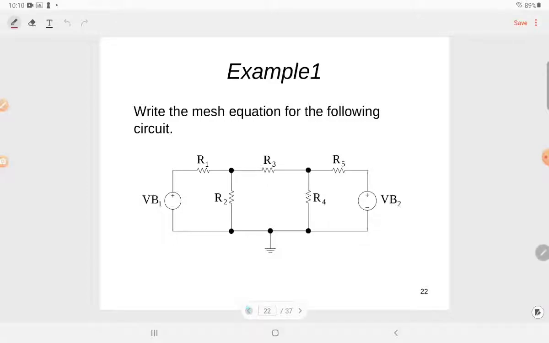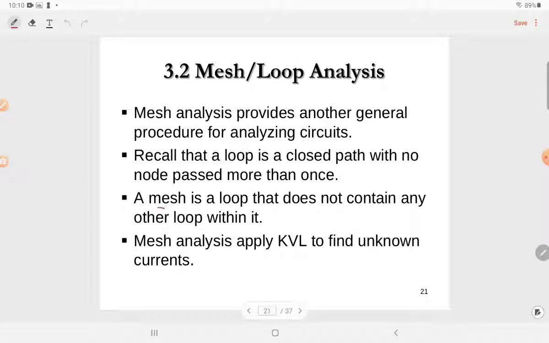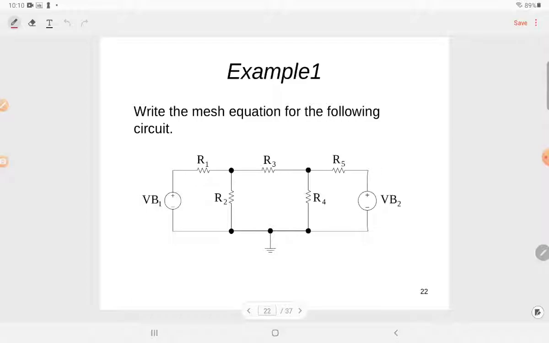Referring to the definition, a mesh is a loop that does not contain any other loop within it. For this circuit, we can say that you have three meshes, which is usually indicated by the direction of the current. Because we are doing KVL, we need to note the direction of the current.